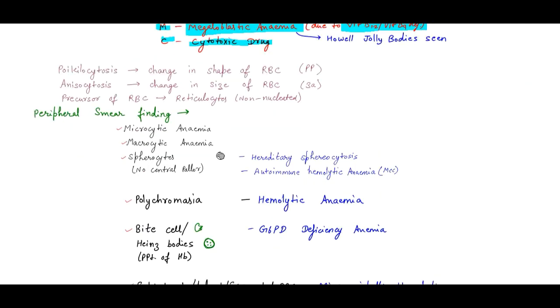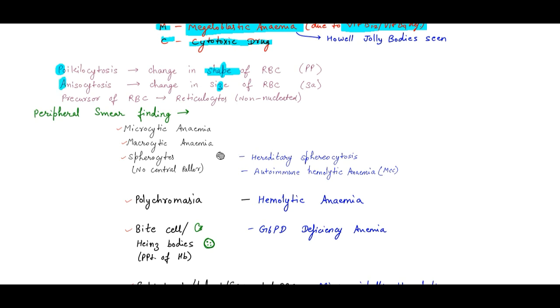Then there is poikilocytosis. What is poikilocytosis? Remember the P, and here is also the P. A change in the shape of RBC is poikilocytosis, and if there is a change in the size of RBC, then we call it anisocytosis.